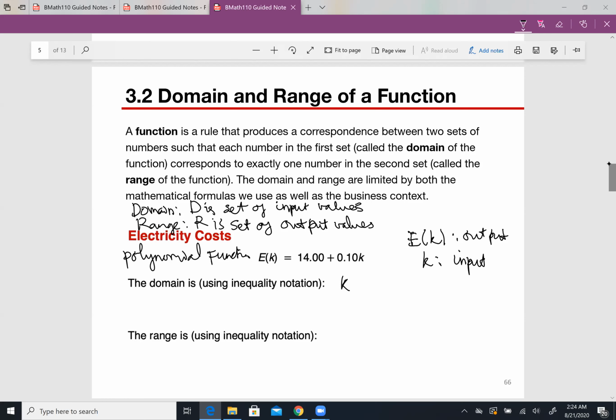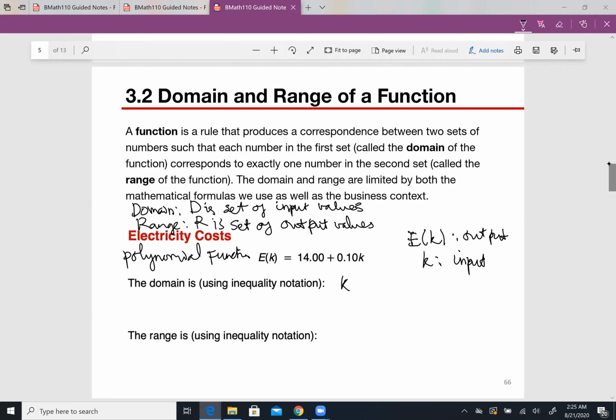Okay, why is it a polynomial function? It doesn't have any radical, it doesn't have any fraction form, and it doesn't have exponent form.